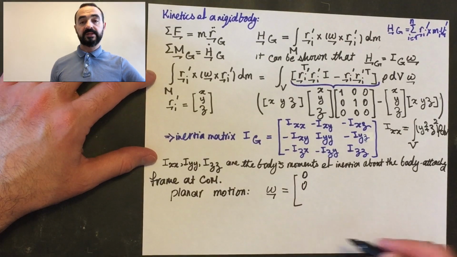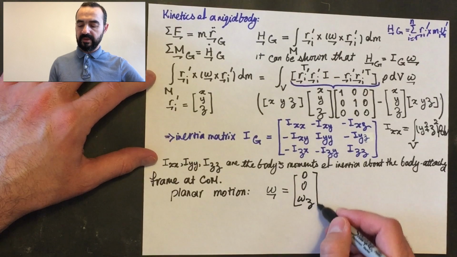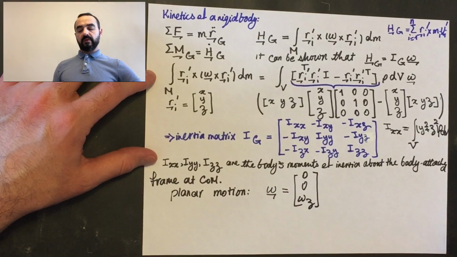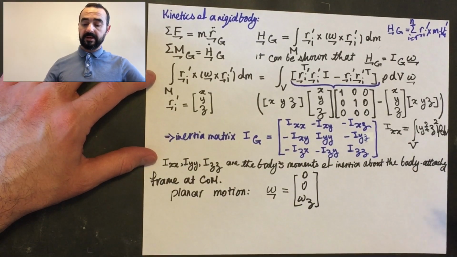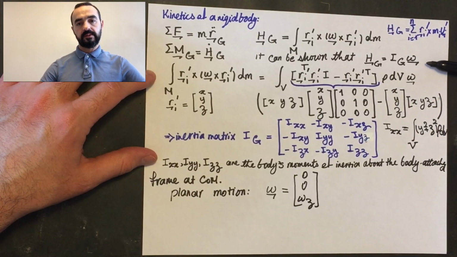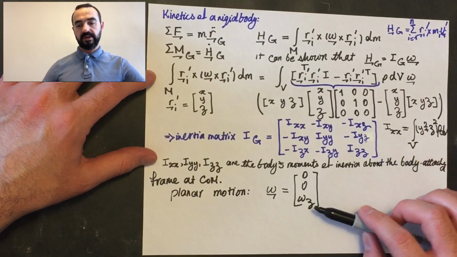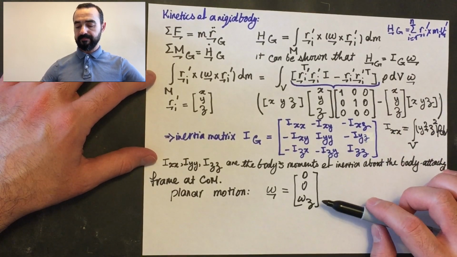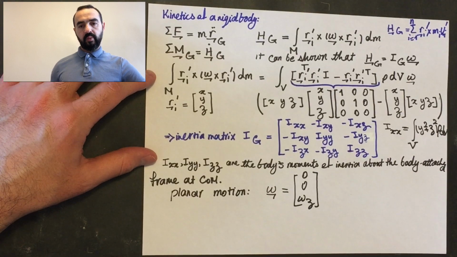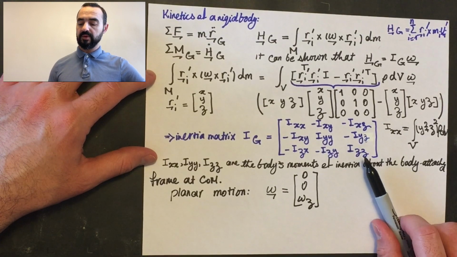The y component is going to be 0, and for the z component, let's write omega z. Great. So now if I go back to my angular momentum here, and replace my Ig with this Ig and my omega with this omega, the only non-zero term I would be interested in would be Izz, right?